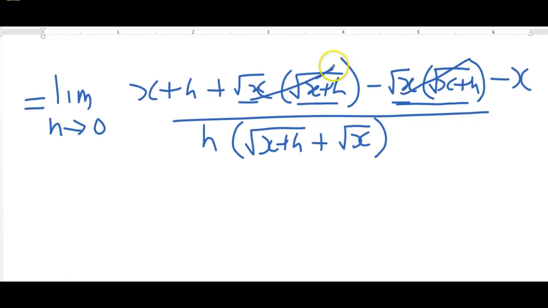You can see here that this will cancel this because they are the same. Root x, the root x plus h, the same root x plus h.